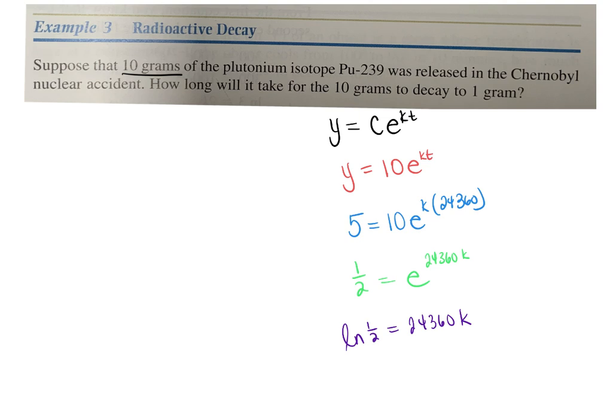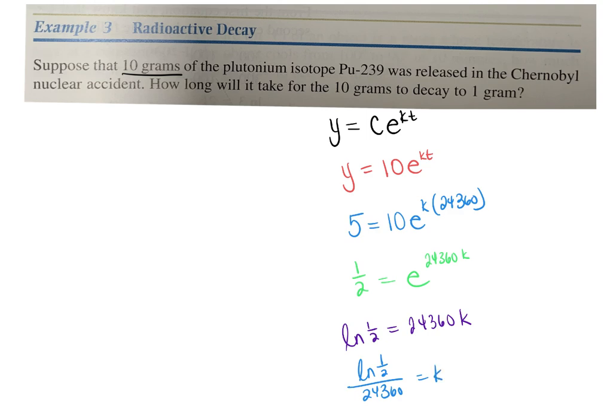It's actually a tiny number, so it's going to be scientific notation when you put that in. Because it's going to be such a crazy tiny number, in your calculator you can leave it as ln of 1 half divided by 24,360 for your K.